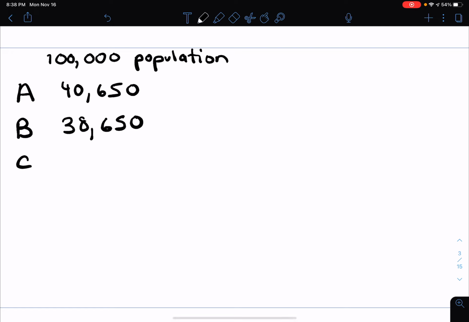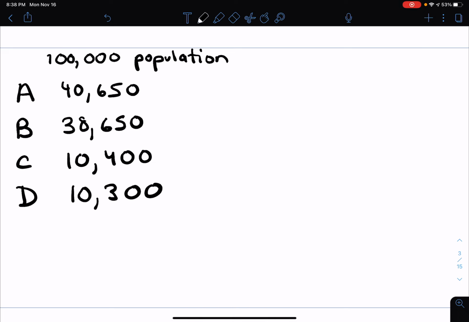State C with 10,400. And state D with 10,300. In this situation, we're going to show that this paradox arises if the number of seats increases from 99 to 100. So we're going to go through and see what the apportionment looks like with 99, and then we're going to redo the math to see what the apportionment looks like with 100.